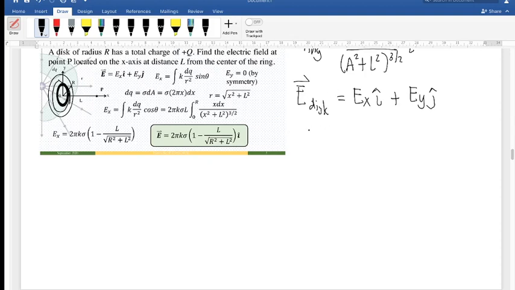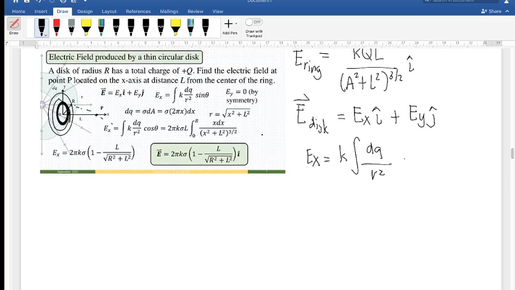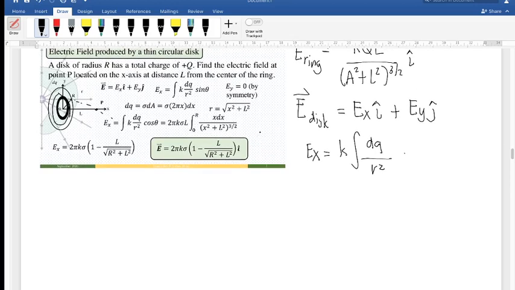Okay, so Ex is actually equal to k times the integral of dq over r squared, but we don't know the theta yet. Based on our ring, we can see that its contribution has no y component, so by symmetry we can just put here that your Ey is equal to 0, without even knowing the angle.